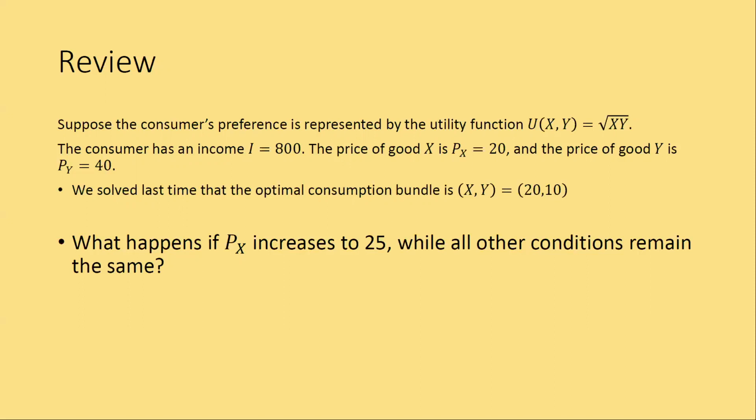With those numbers, we solved last time that the optimal consumption bundle for the consumer is 20 and 10. So what happens if the price of good X increases to 25 and we hold all other conditions the same? As a review and also as a motivation for today's class, I'm going to solve this question again in the next slide.